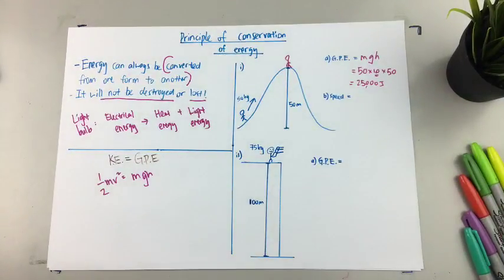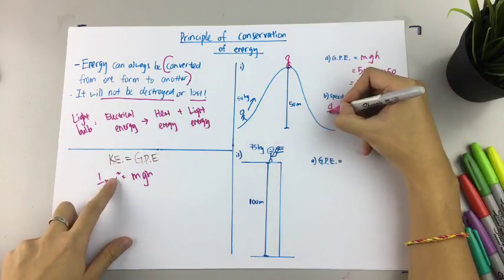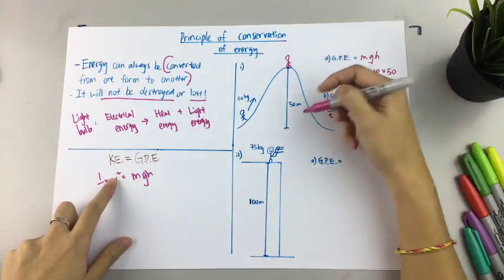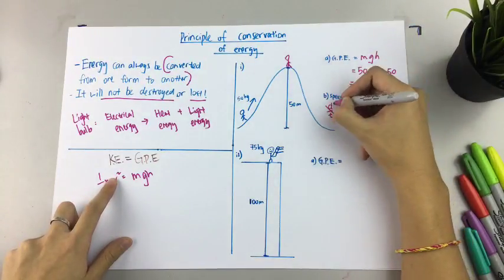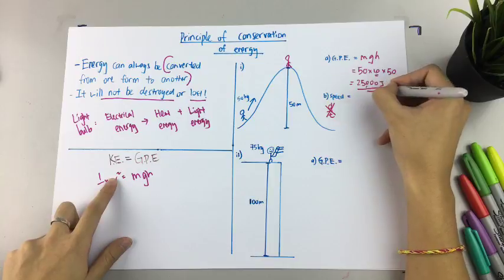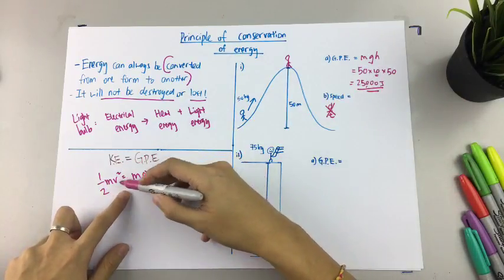Then the next question they always ask is how much is the final speed. They ask about the speed when they are not giving you the time. The usual formula we use is speed equals distance over time, but we don't have time, we have a distance of 50 meters, so we cannot use this. We use this formula instead: mgh equals 1 over 2 mv squared.